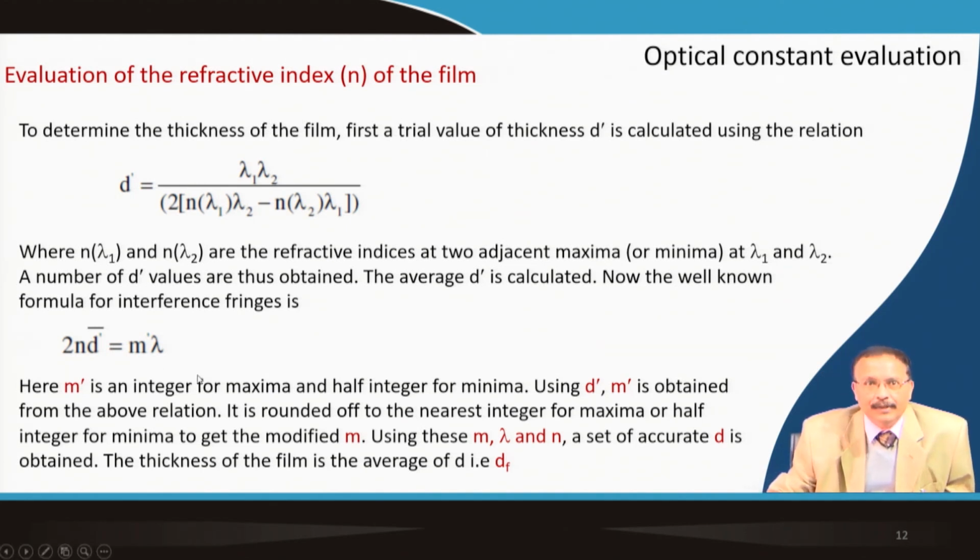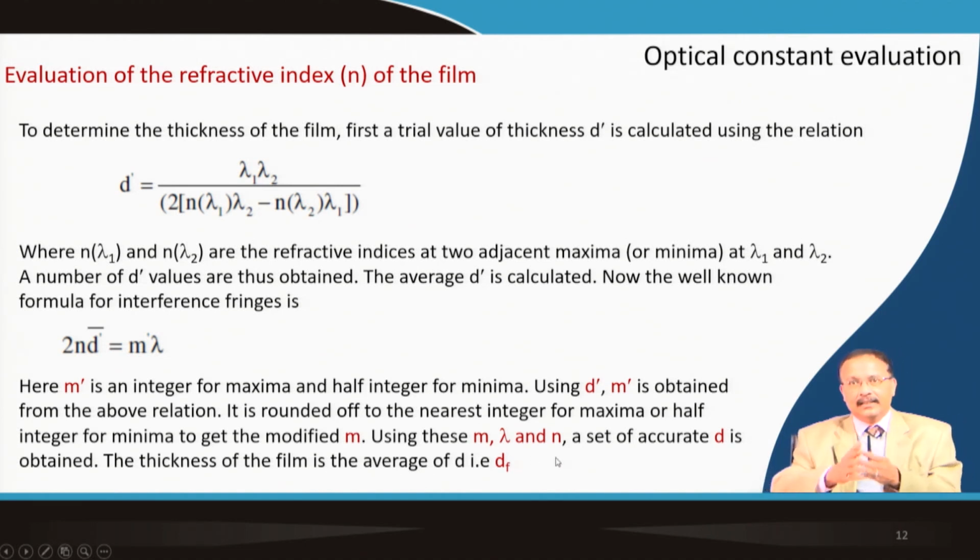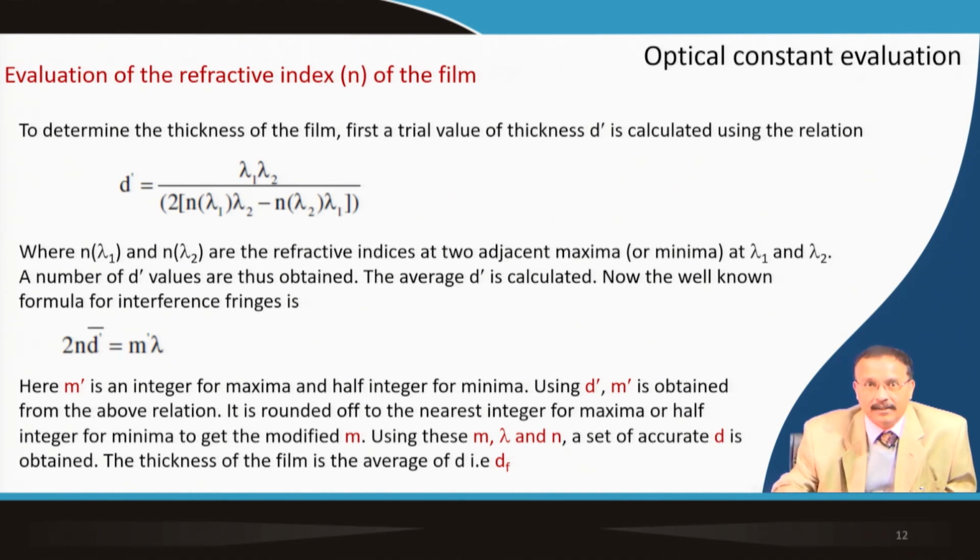The value of m prime is rounded to the nearest integer for maxima or half integer for minima, and we will get a modified m value. Using this modified m, lambda and n, a set of accurate d values is obtained, and then we will average that d value to get the precise thickness of the film that you are considering.